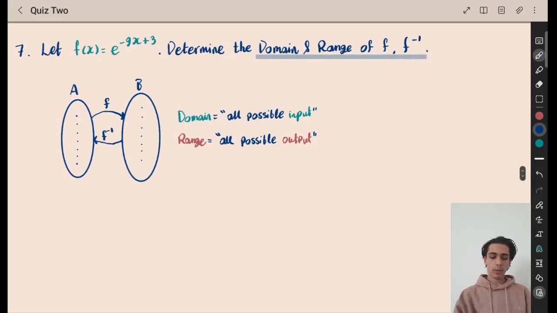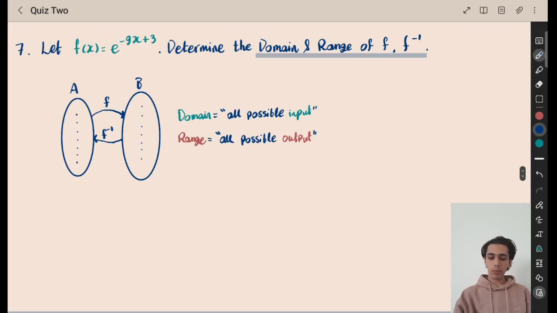And then I can figure out what the domain is. So in this case, for example, the domain of f is going to be A, because this is all the possible input, and I'm sending this input into B, to other points in B. So in that case, the domain of f is A.